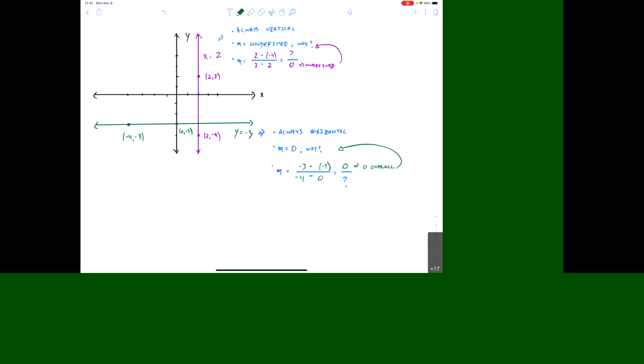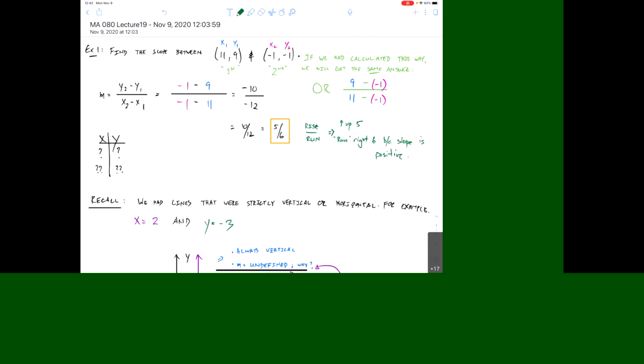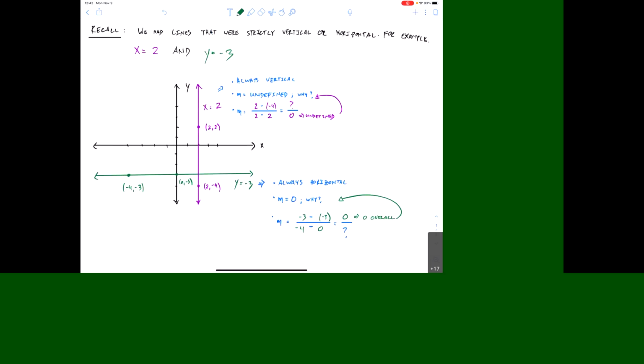Okay? So that's the last part in this section with the whole finding the slope and understanding it and drawing a picture. Again, I know I didn't draw the picture for this first example right here, but this second example right here, I guess I can say this is example 2. No, it's not example 2. We'll leave it alone. This is important to know because it will always be the case, right?